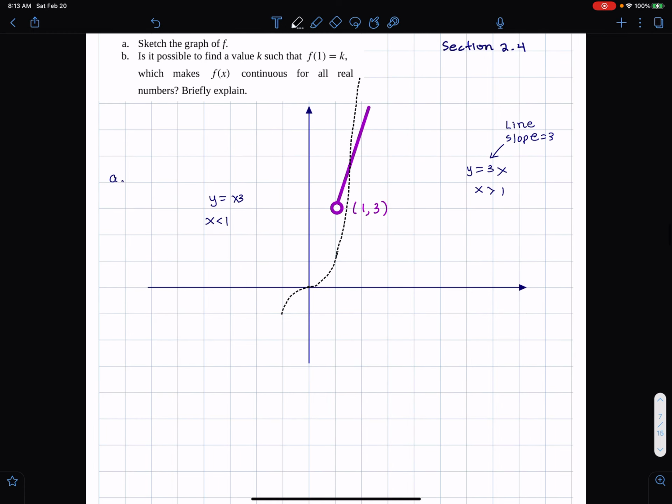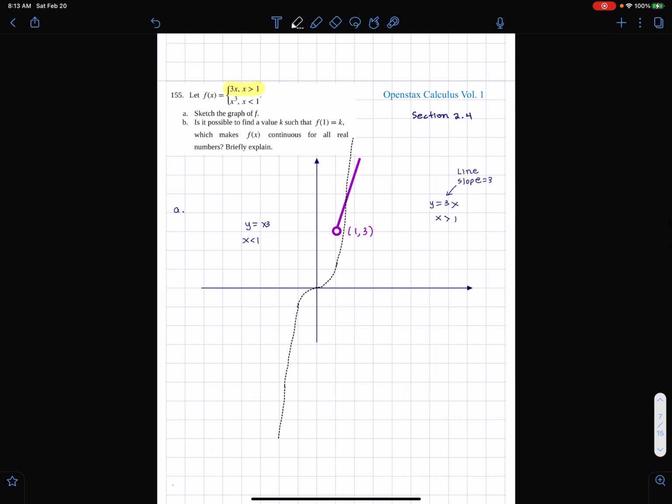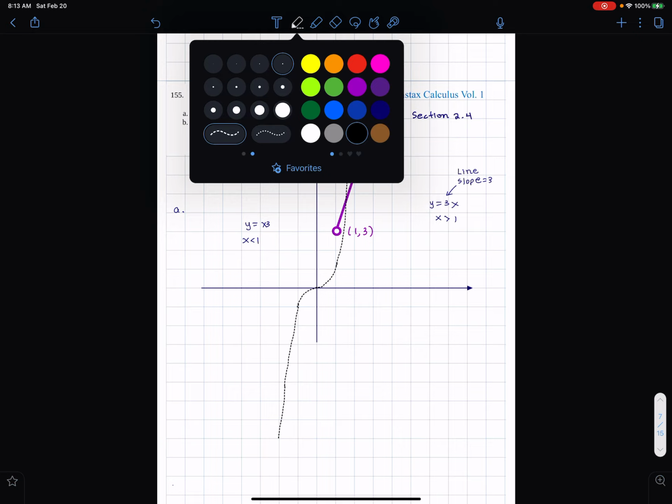So how far should I zoom out? I think I'm not going to include all this. Okay, so that's y equals x cubed, and you can plot some points. Do we always have to plot points on a little chart, or can we just sort of do it in our head a little bit?